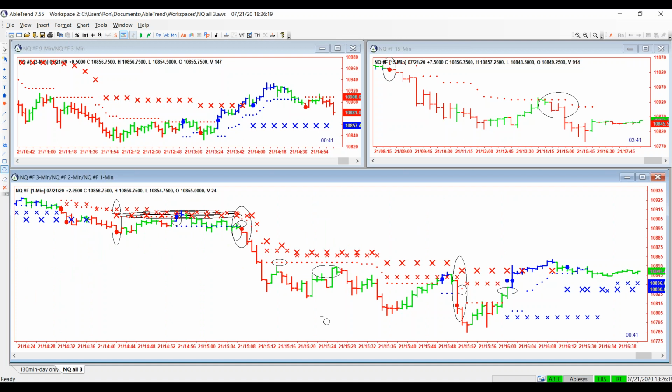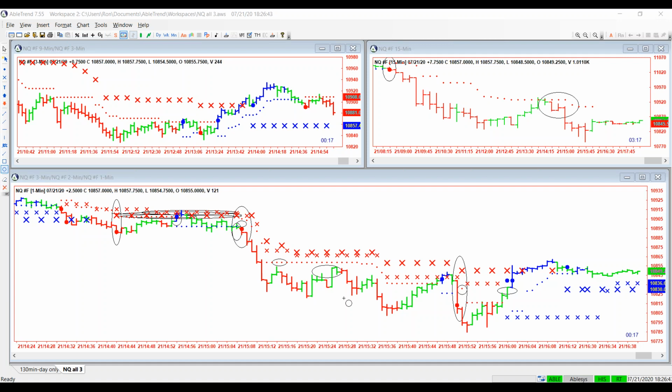And this is how you day trade, whether it's futures, whether it's stocks, whether it's indices, whether it's international stocks, whether it's the Indian stock market, whether it's the Nikkei, it's all the same way you trade. Same rules, same colors, same dots. Just like I said before, when you get the red bar and the red X, you go short the first time you get it.